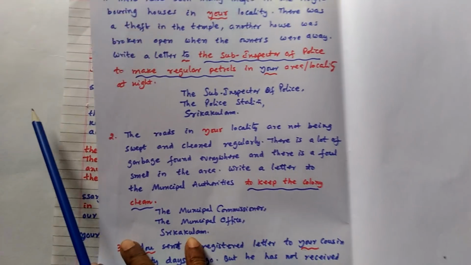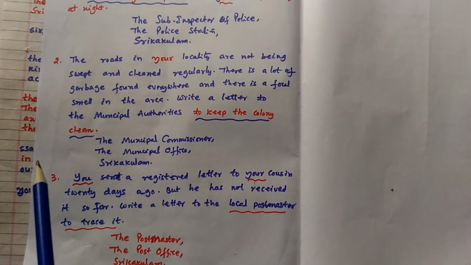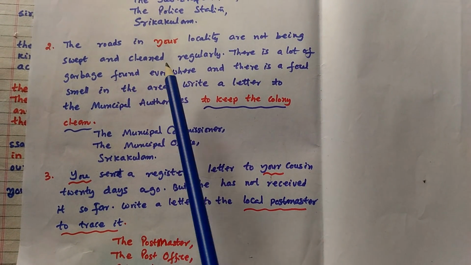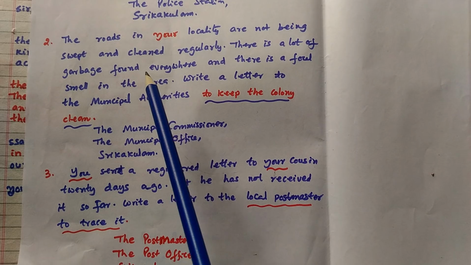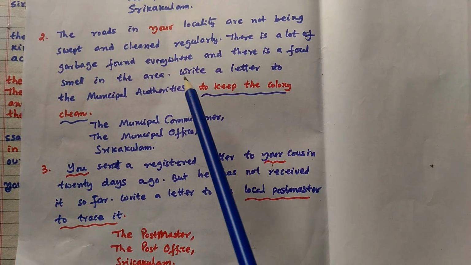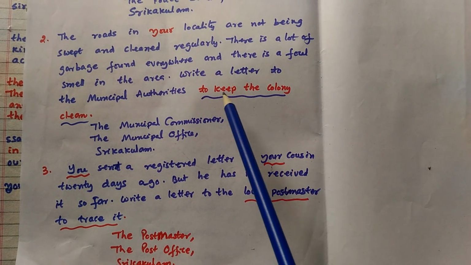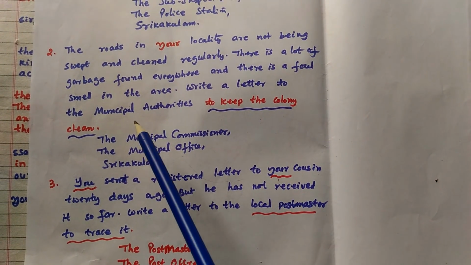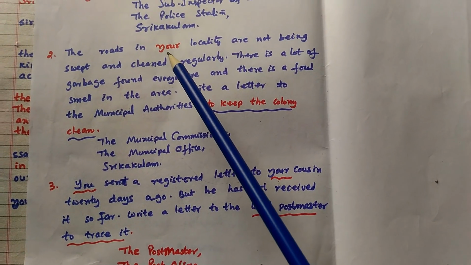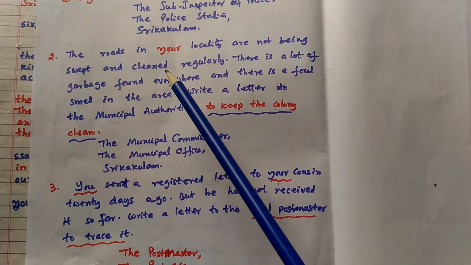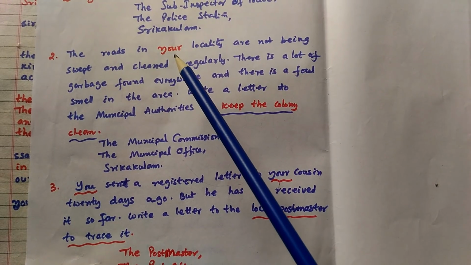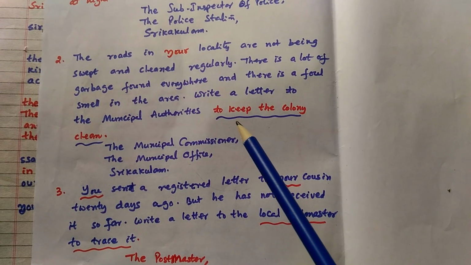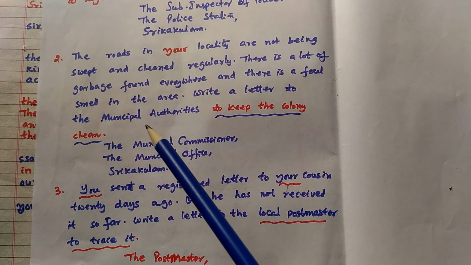Here are some other examples. The roads in your locality are not being swept clean regularly. There is a lot of garbage found everywhere. There is a foul smell in the area. Write a letter to the municipal authorities to keep the colony clean. So here, how can we make this example into a letter? You just have to change "your" into "our," and you can write a letter to the municipal authorities.